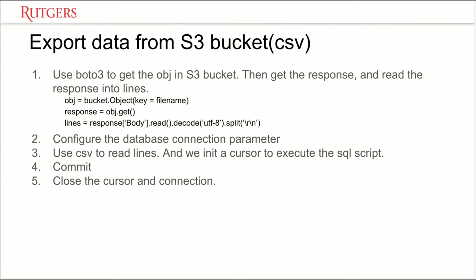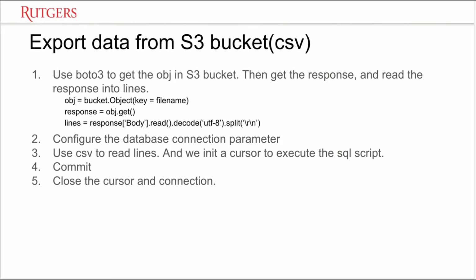We also used CSV to read the list and execute the SQL script using cursor. The detailed steps are firstly use Boto3 to get the object in the S3 bucket and then get the response, and then read the response into lines.